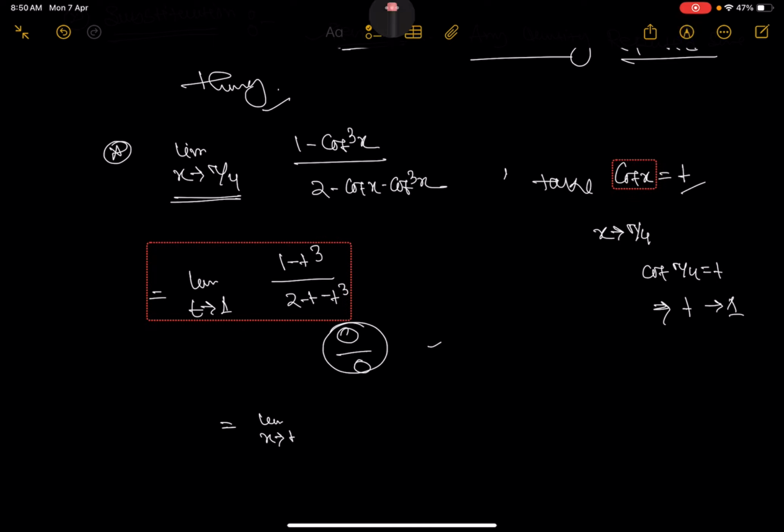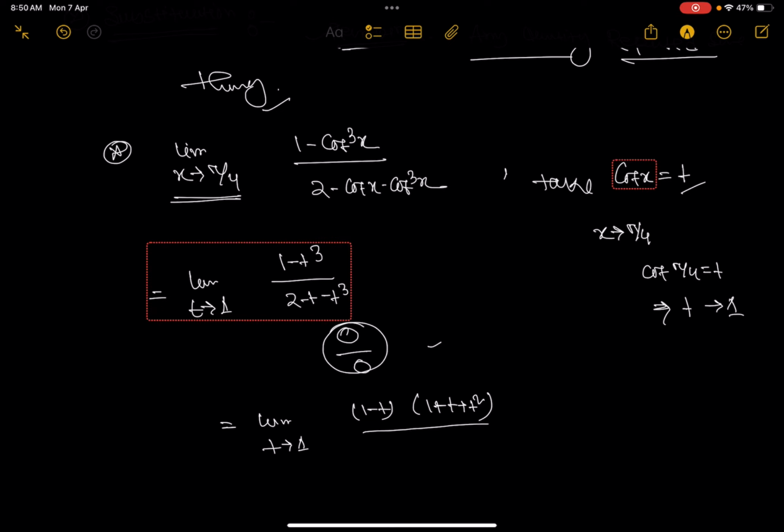So limit t tends to 1, 1 minus t cube: this is the a cube minus b cube formula, so 1 minus t, 1 plus t plus t square.